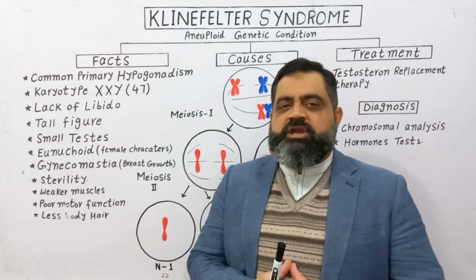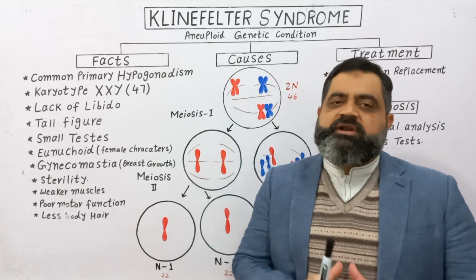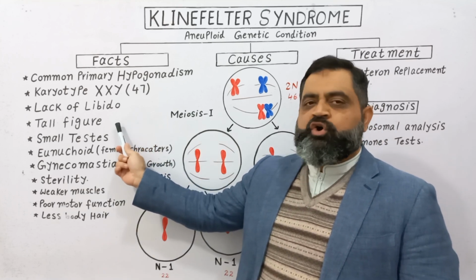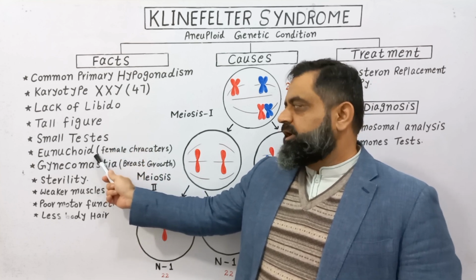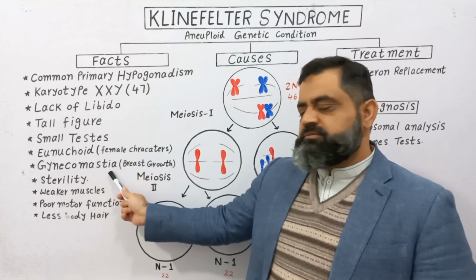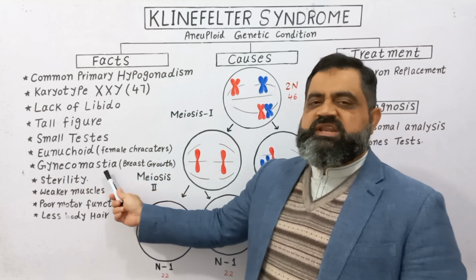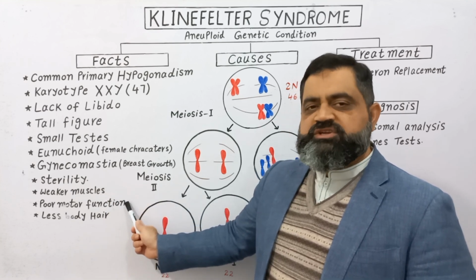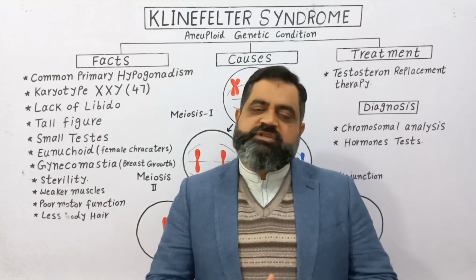This karyotype will produce symptoms of Klinefelter syndrome: lack of libido, tall figure, small testes, female characteristics in males, gynecomastia, breast enlargement and breast growth like females, sterility, weaker muscles, poor motor coordination and less body hair are the main symptoms of this person.